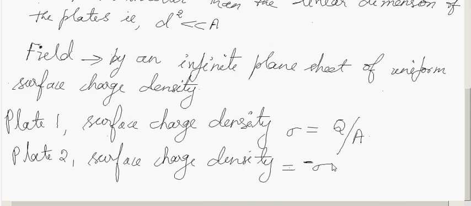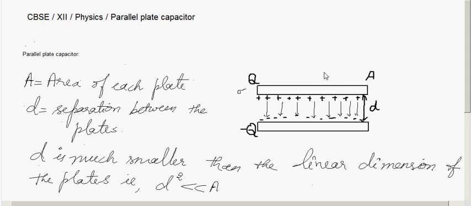Now we will find out the electric field due to these plates in different regions. For that, we'll consider the region outside the plates on one side as region 1. Similarly, outside on the other side is region 2, and there is a region inside, that is, the region between the two plates.